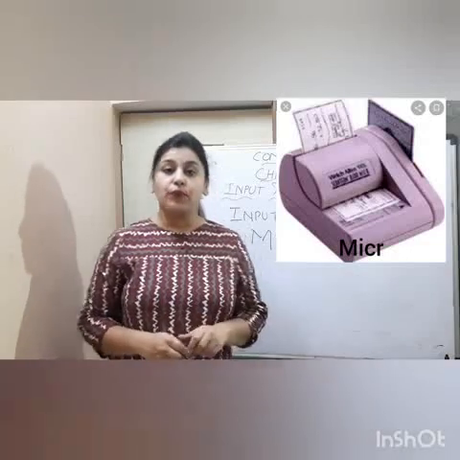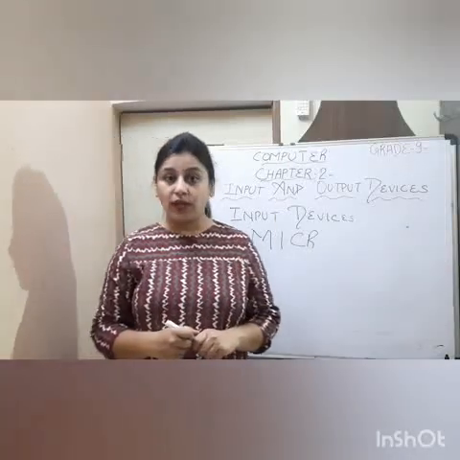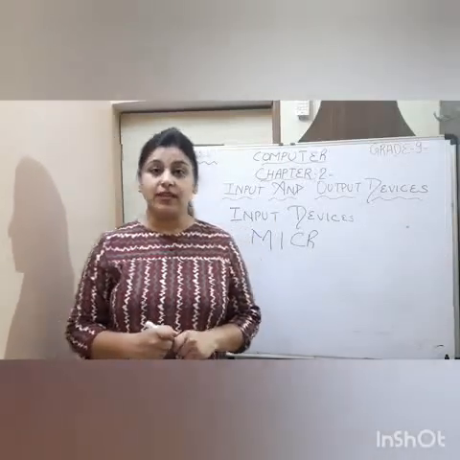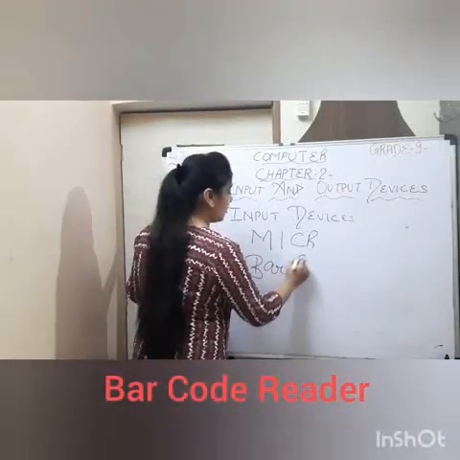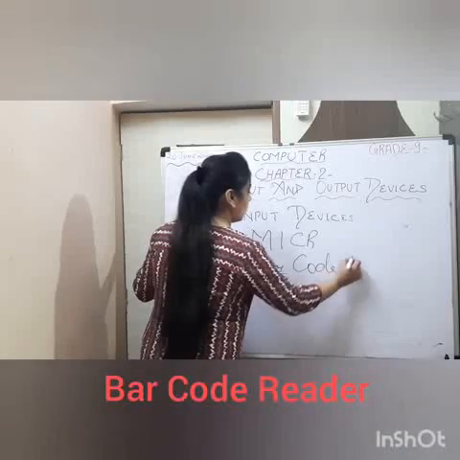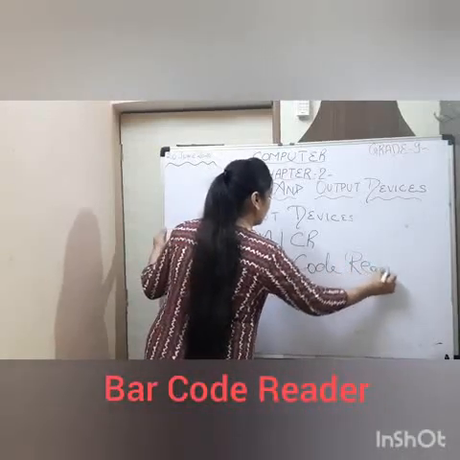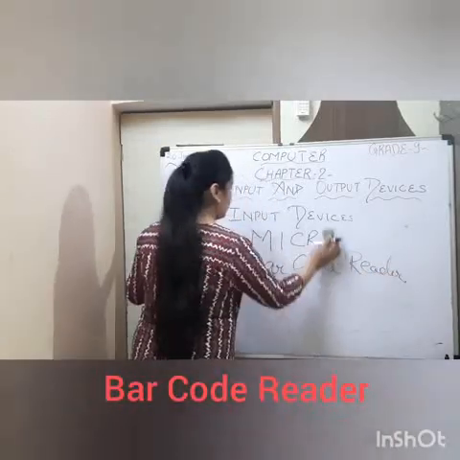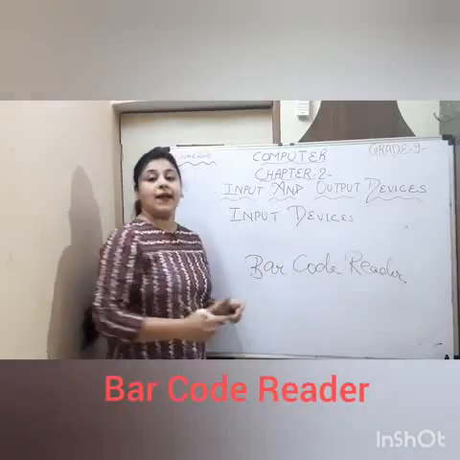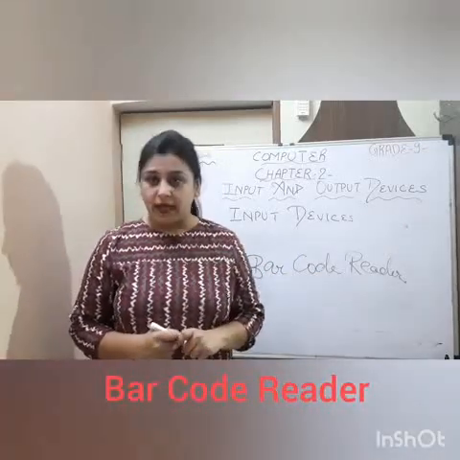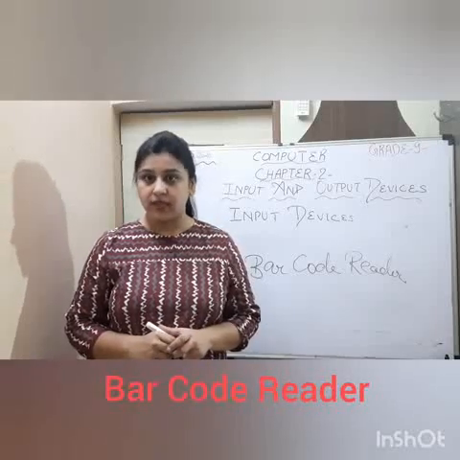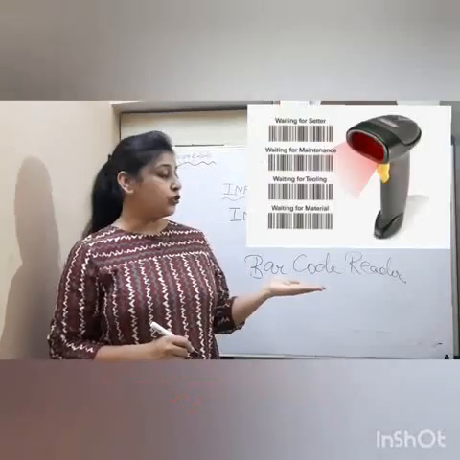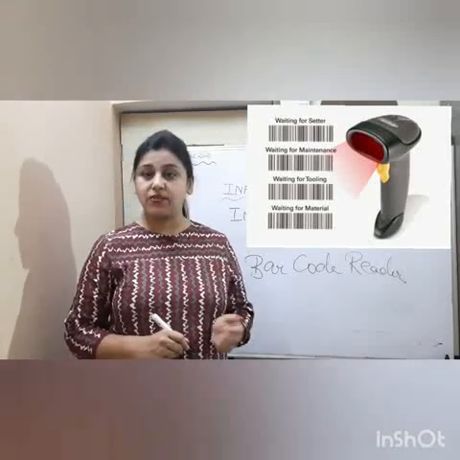Okay, so the next input device that we are going to study today is the barcode reader. What is a barcode reader? It is an input device for reading barcodes present on various products. The barcode is a combination of dark and light stripes.